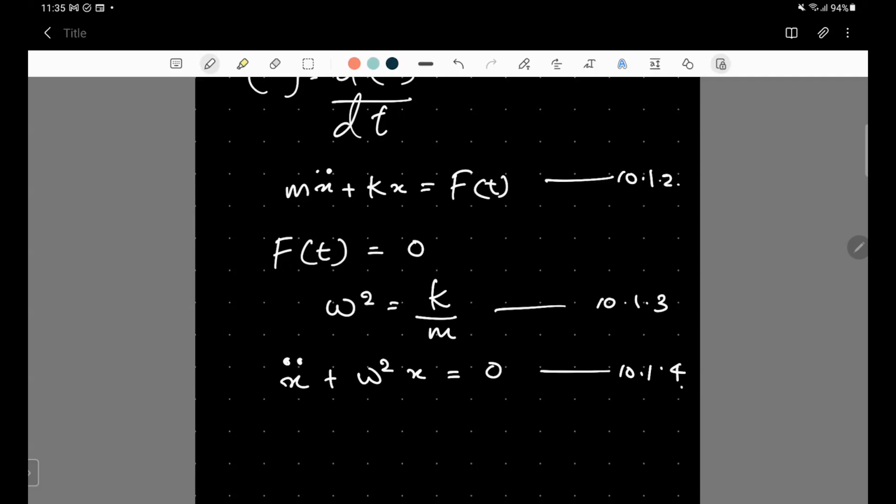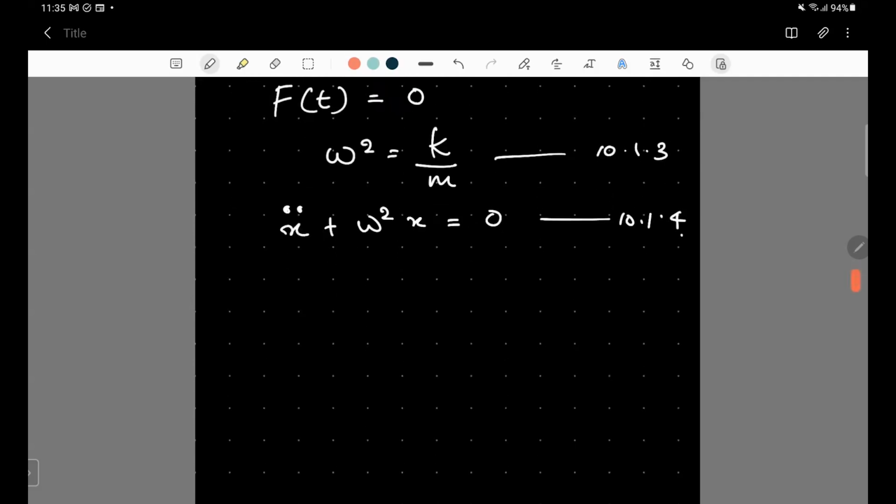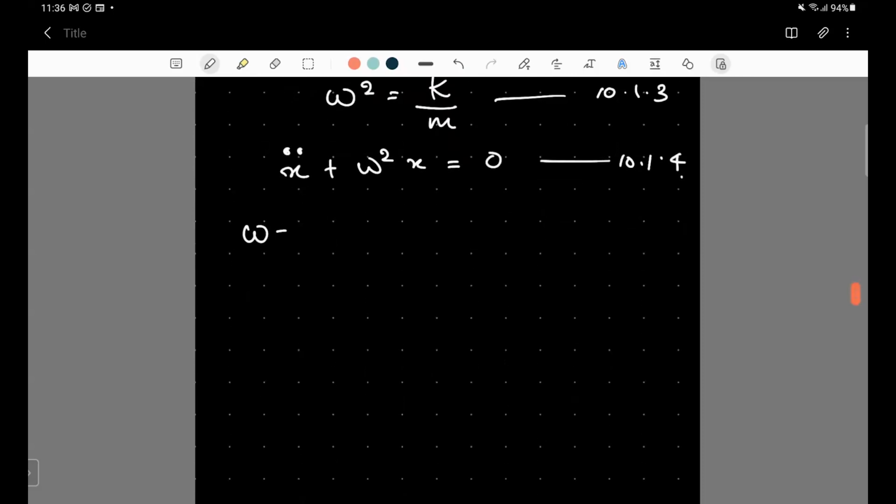So here, the omega, I think maybe this is already familiar from this type of equation, a second order differential equation, where the omega term is called the natural frequency of the free vibration of the mass.